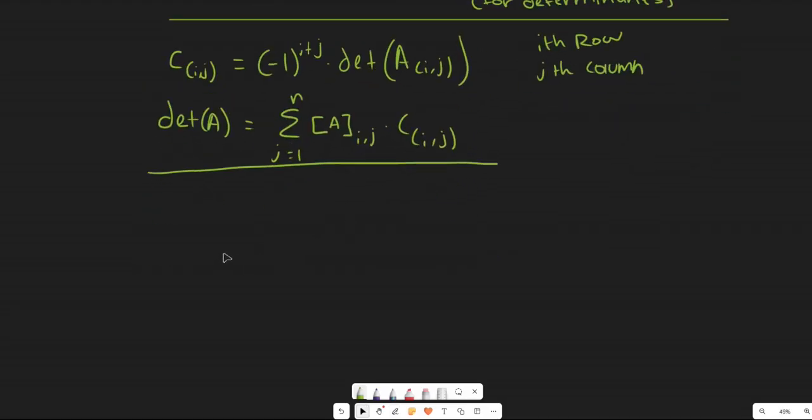And so what if I gave you the matrix that looks like this? A equals A, B, C, D, E, F. So how would you compute the determinant?